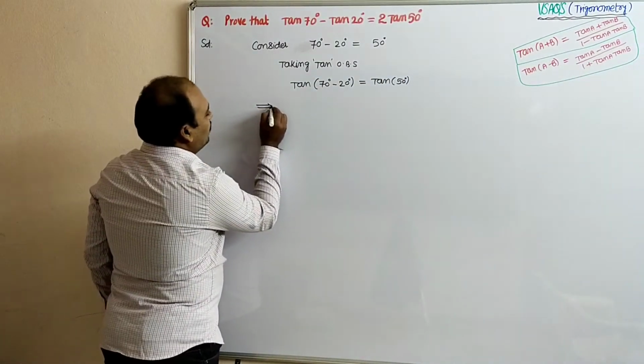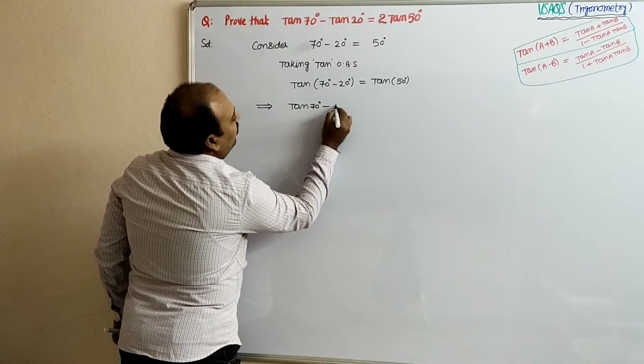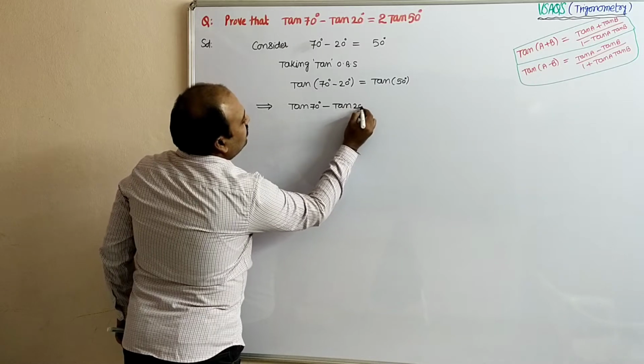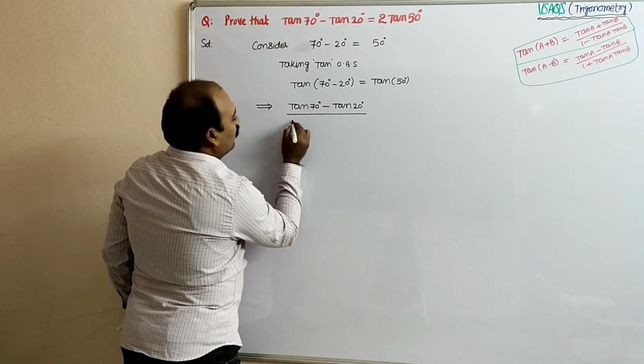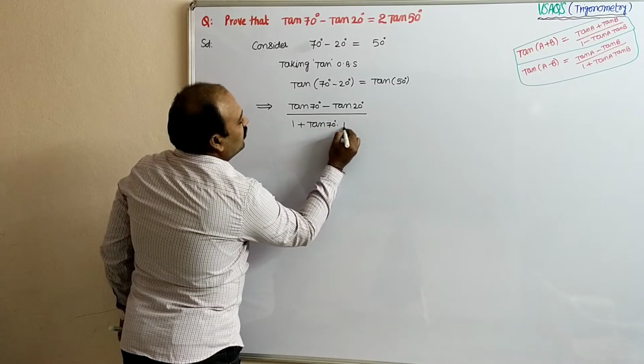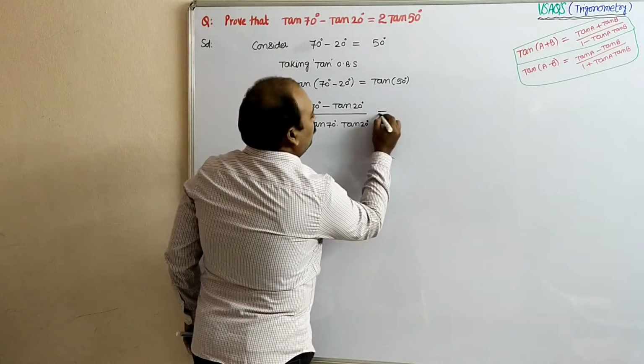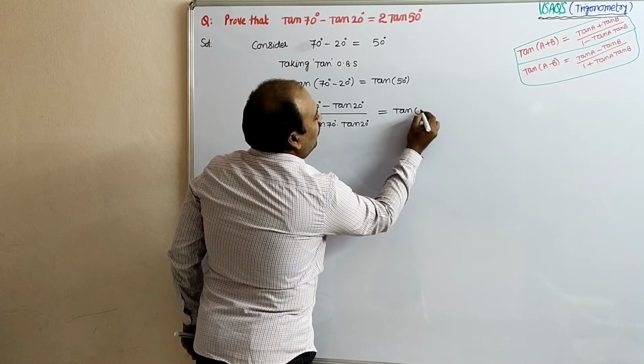So that implies tan 70 degrees minus tan 20 degrees divided by 1 plus tan 70 degrees into tan 20 degrees is equal to tan 50 degrees.